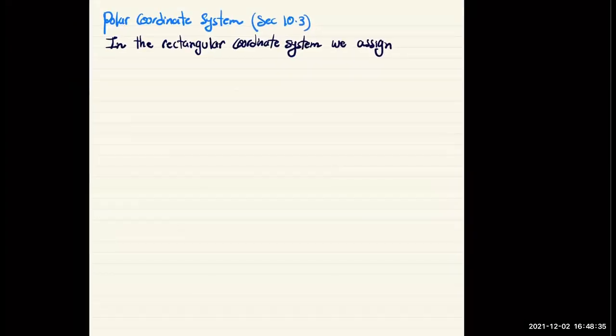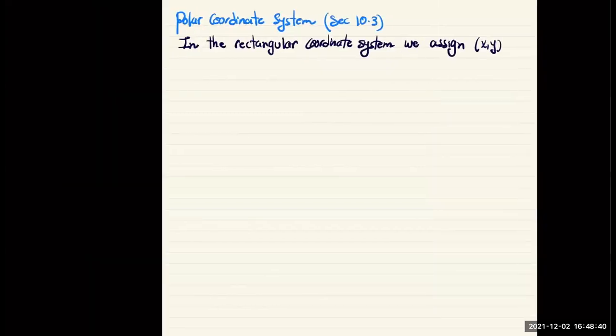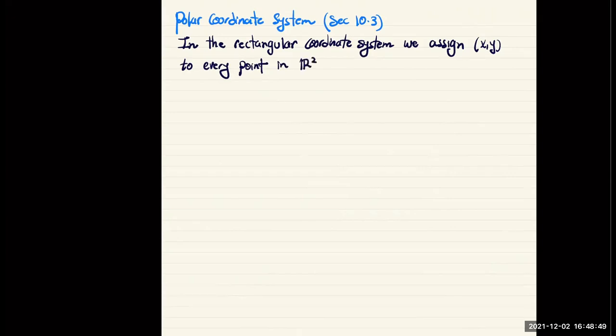In this system, we assign x, y to every point in R2. Again, x is basically east-west, y is south-north. Okay, left, right, up, down. And that's what we are used to since first grade.